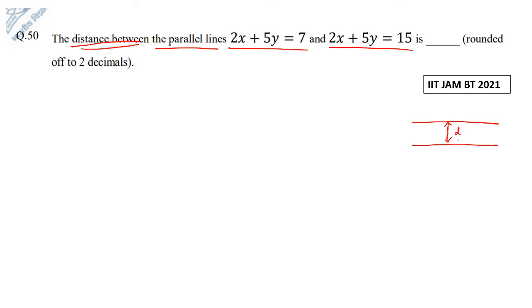So we need to find the D. The two equations are 2x plus 5y equals 7 and 2x plus 5y equals 15.